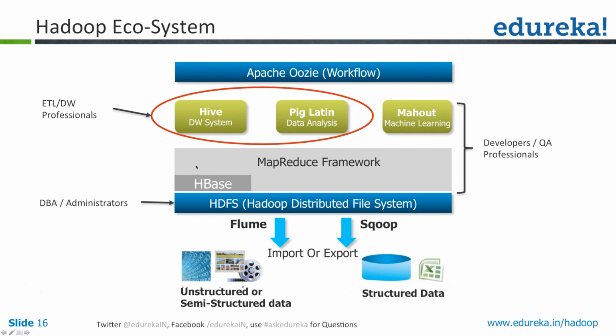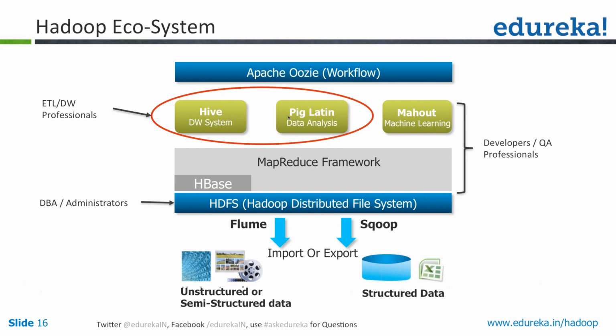Then you have your MapReduce framework on top of this HDFS, which is basically the framework for retrieving this data and running your applications on Hadoop. The way this MapReduce framework works is that whenever you write your program in Hadoop, whether it is Java, Python, Perl, or any other higher level tool like Hive or Pig, this program is divided into a map program and a reduce program.